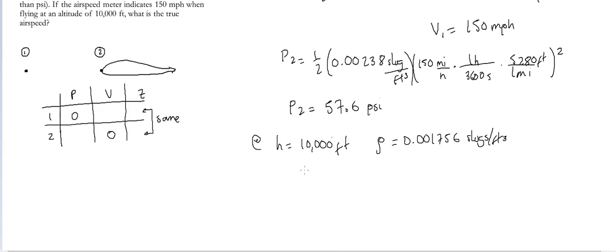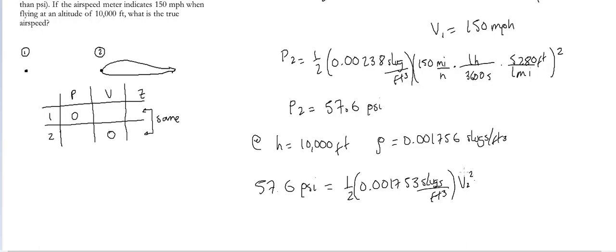We take the pressure, 57.6 psi, equal to 1/2 times the density, 0.001756 slugs per feet cubed, times the velocity squared.